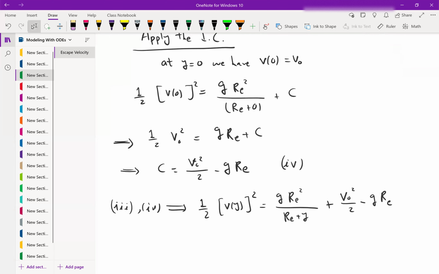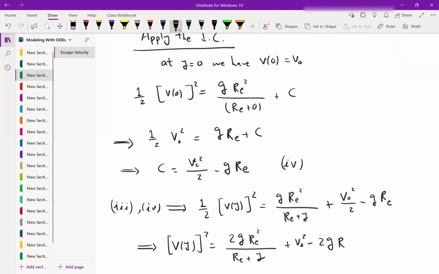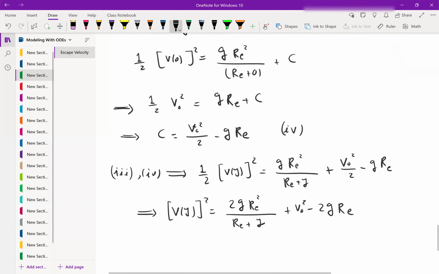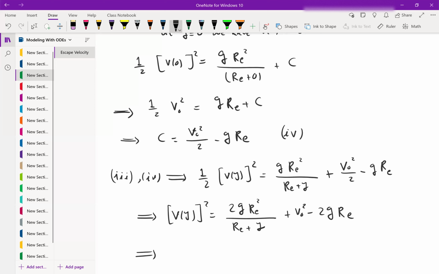I'm going to solve this for v of y. First I'm going to multiply both sides by 2. So this tells me that v of y squared is equal to 2g times the radius of Earth squared, divided by the radius of Earth plus y, plus v0 squared minus 2g re. And so for v of y, I have to take the square root.